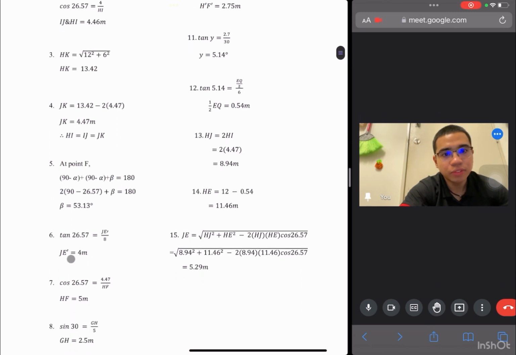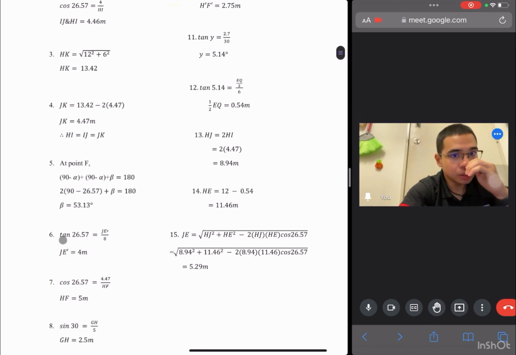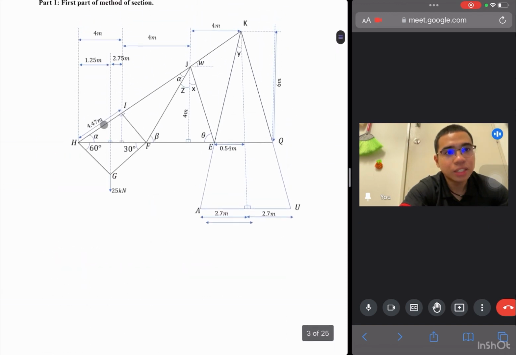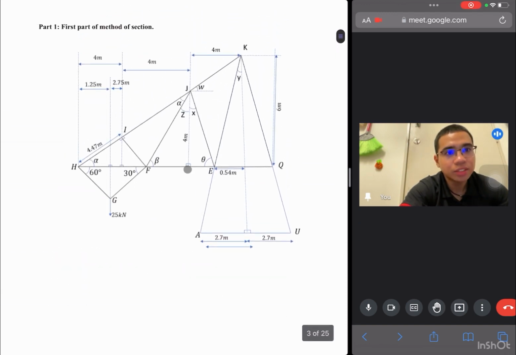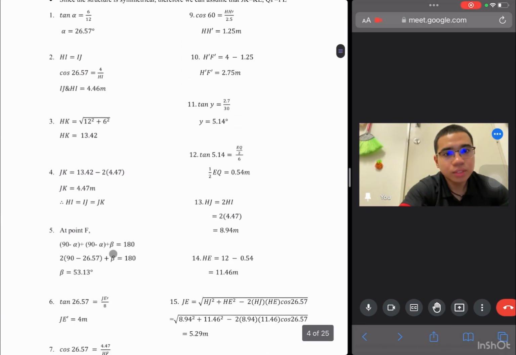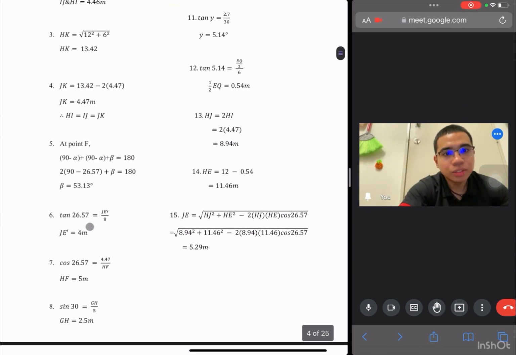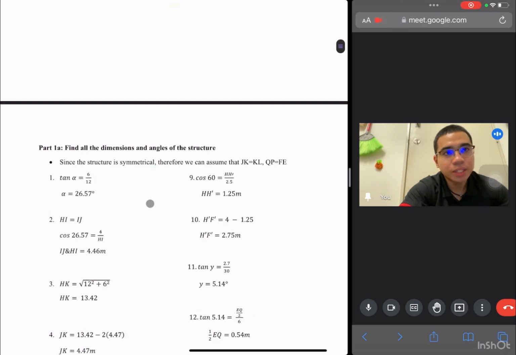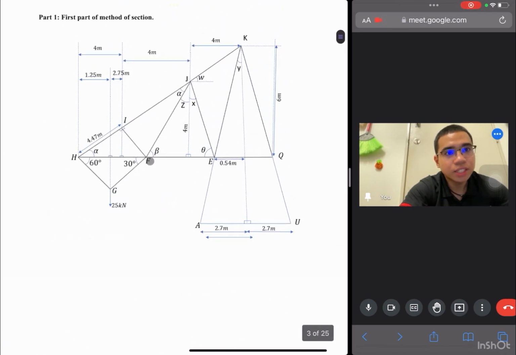Another step, we proceed. Tangent 26.57 equals JE prime over 4, where E prime does not actually exist here; I just assume this point is E prime. So JE prime is equal to 4 meters as written here.